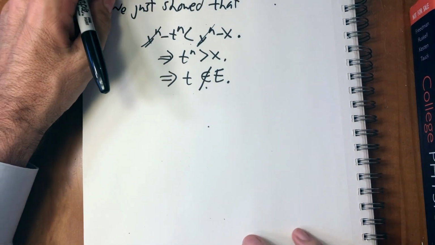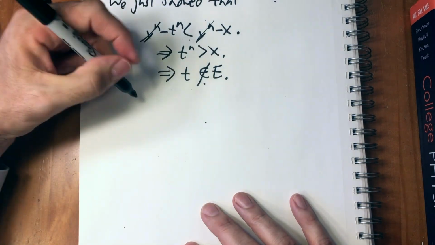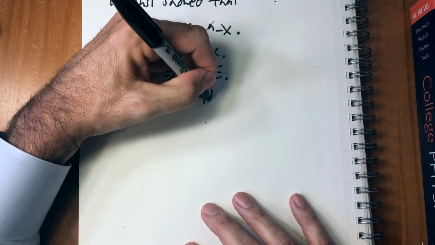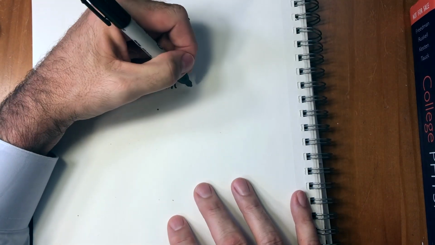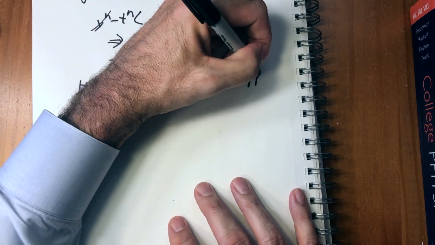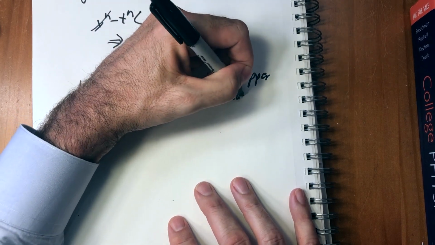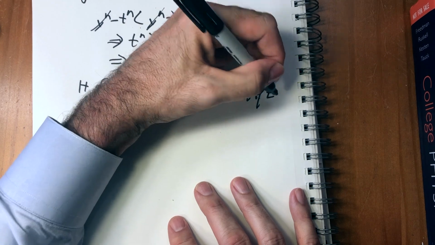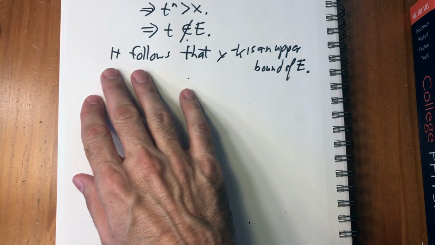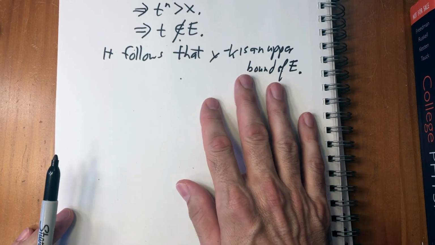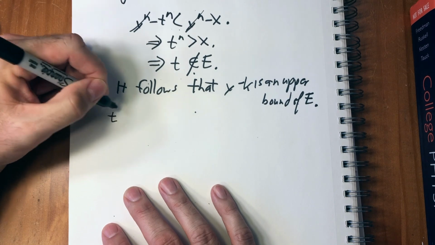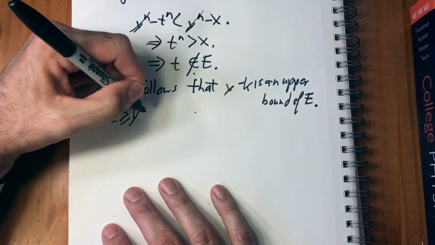So then it follows that y minus k is an upper bound of E. So why is this true? What we started with was that t was greater than or equal to y minus k.